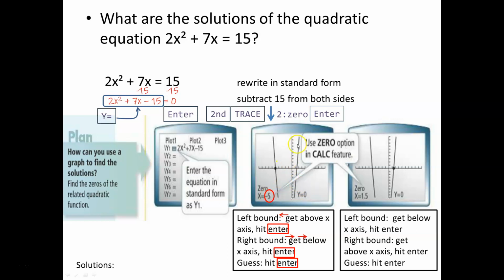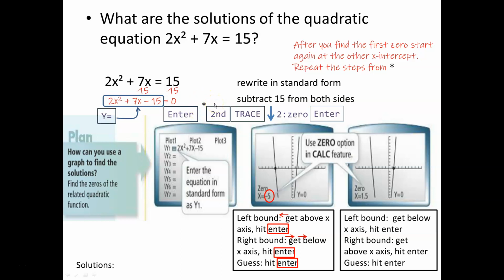Now we're going to go back to this side and do it all over again. So after you found this 0, after you find the first 0, start again at the other x-intercept. Repeat the steps from this asterisk right here.